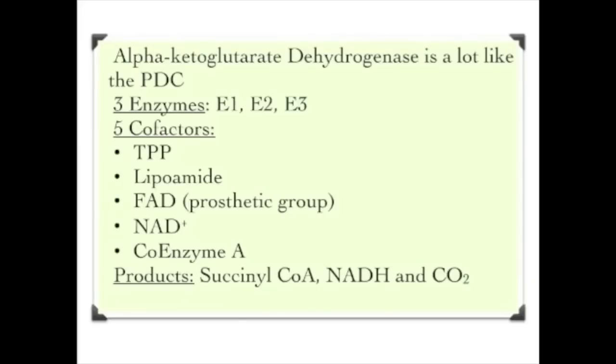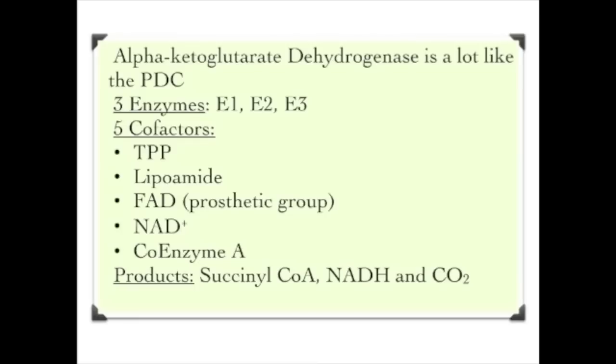The enzymes that are involved in alpha-ketoglutarate dehydrogenase complex are similar to those that are seen in the pyruvate dehydrogenase complex. In fact, E1 and E2 are homologous to those that are seen in PDC. And E3 is identical to PDC E3.